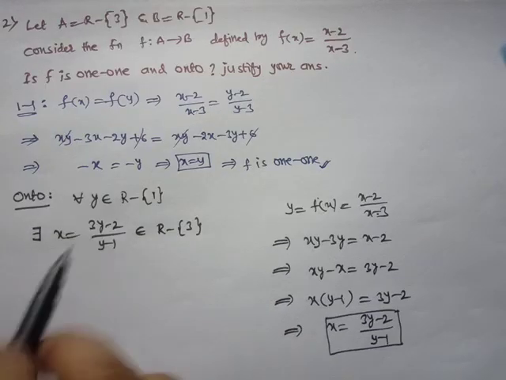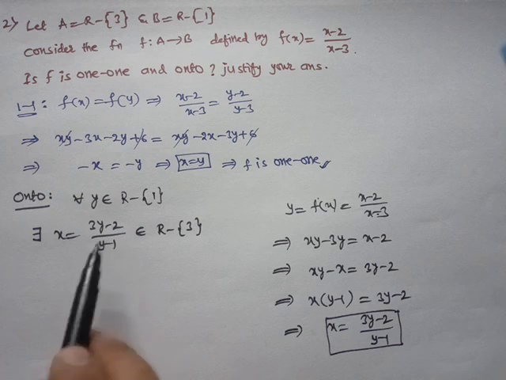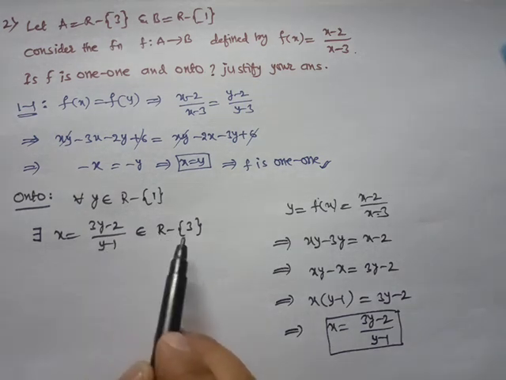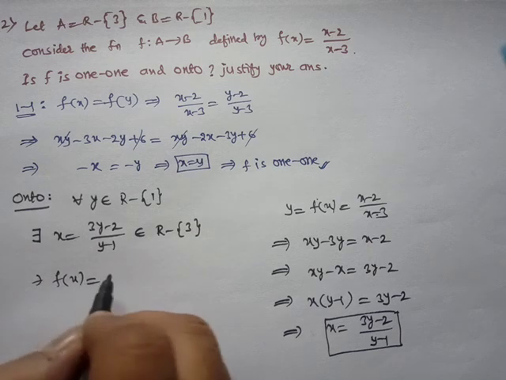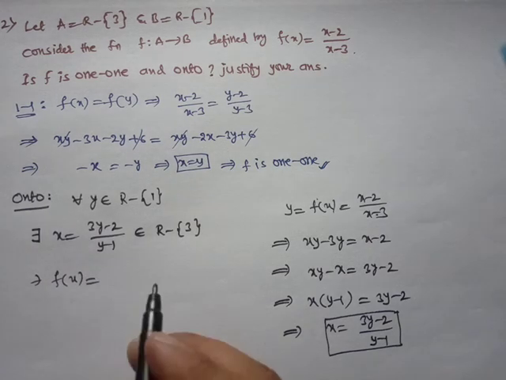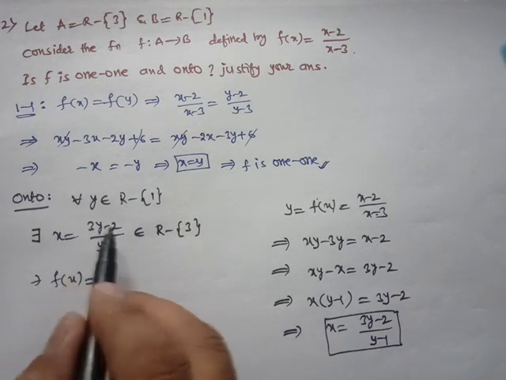Now for all y belongs to R minus 1, there exists x equals (3y minus 2) by (y minus 1) belongs to R minus 3, such that f of x is nothing but y. x is nothing but (3y minus 2) by (y minus 1).